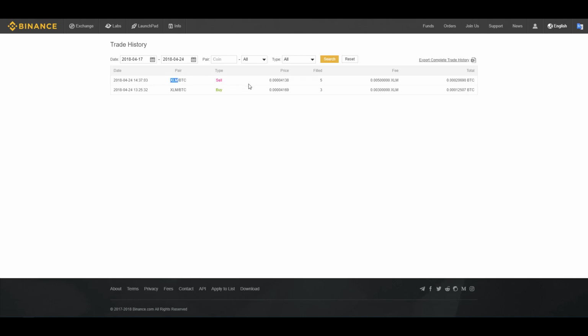Actually, I just noticed that I sold 5 and bought only 3. I guess I had some from before. This is the total BTC worth that I got, and you can see that the price was the limit that I placed before.